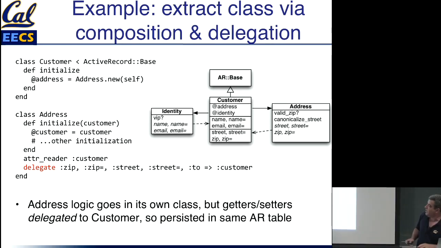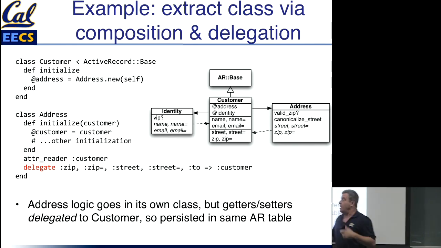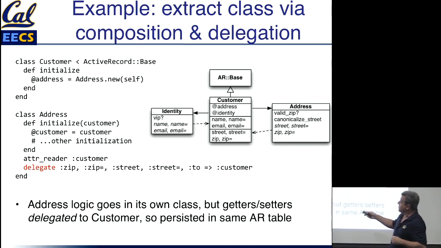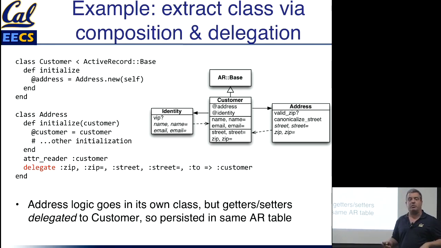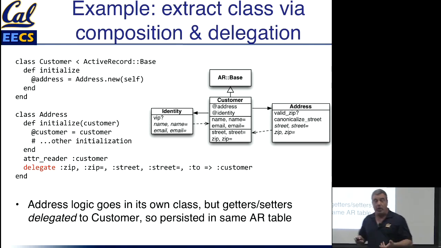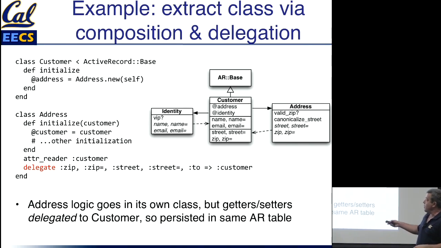There's actually a really nice mechanism called composed_of, which I'm not going to show the code for in this example, but if you have cases like this, it's easy enough to look up. The idea of composed_of is you can say the customer has a field, address in this case, and address is its own class. So the accessors for things that are stored about the address are still part of the customer's table, but Rails will arrange that when the field gets loaded from the database, this will get set up automatically.